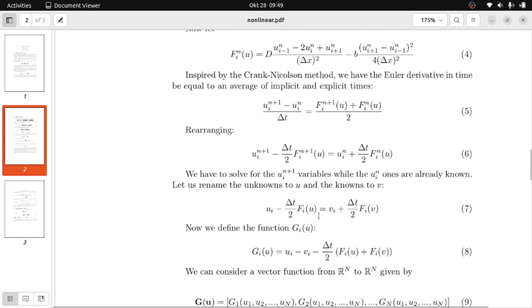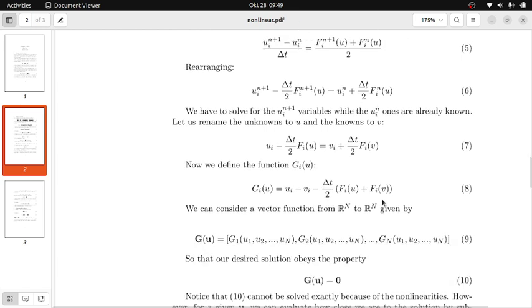So to make this distinction clear, we now have u_i minus delta t divided by 2 f_i(u) equals v_i plus delta t divided by 2 f_i(v). Now we define the function g_i(u), which is simply this side minus this one, rearranged a little bit. When we have the solution that we want, this g will vanish.